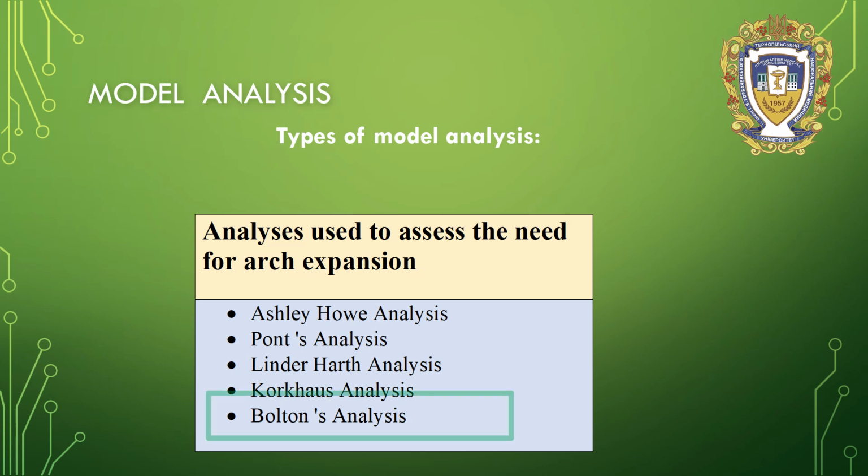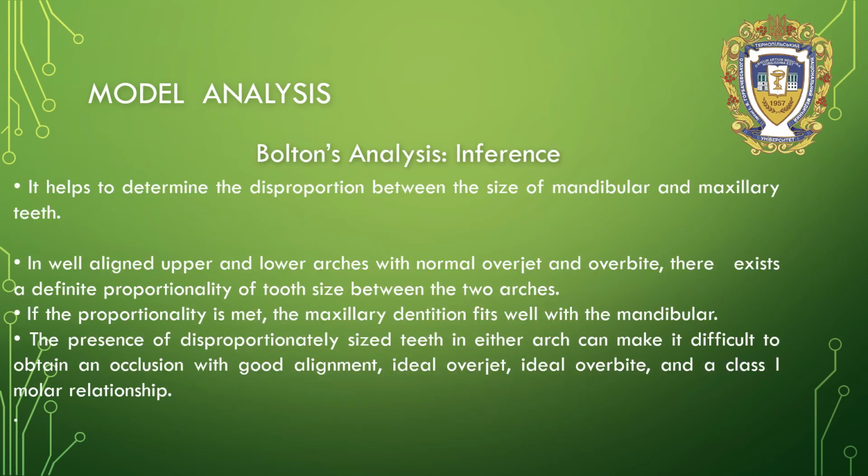And the most widespread, Bolton's analysis. The inference of Bolton's analysis: it helps to determine the disproportion between the size of mandibular and maxillary teeth in well-aligned upper and lower arches with normal overjet and overbite.